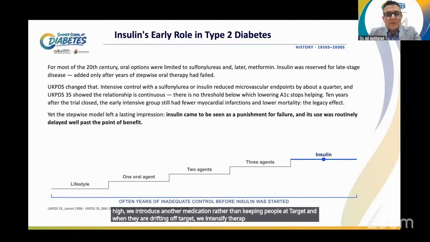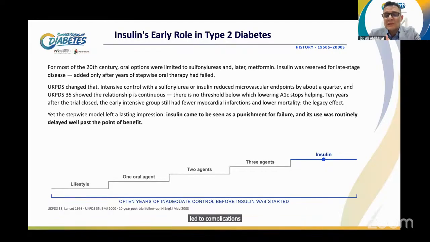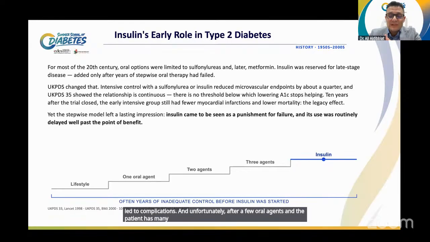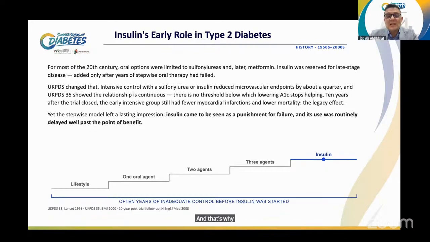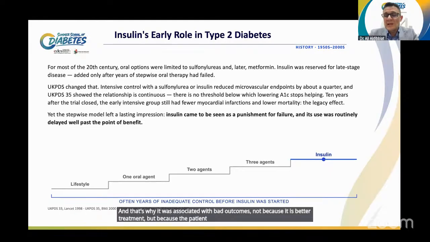This is the new approach, and the previous approach led to complications. And unfortunately, after a few oral agents and when the patient had many complications, insulin was used, and it was at that stage too difficult to make any major change to the patient's trajectory. And that's why it was associated with bad outcomes, not because it is a bad treatment, but because the patient was too riddled with complications at that stage to achieve any meaningful outcome.